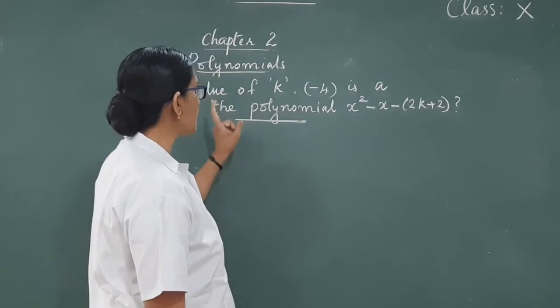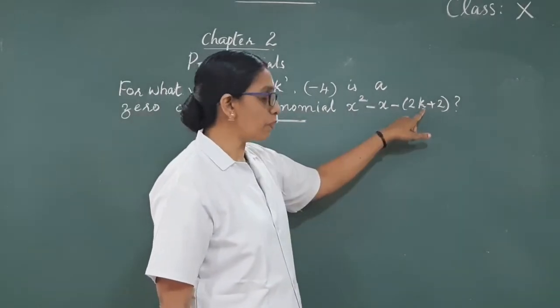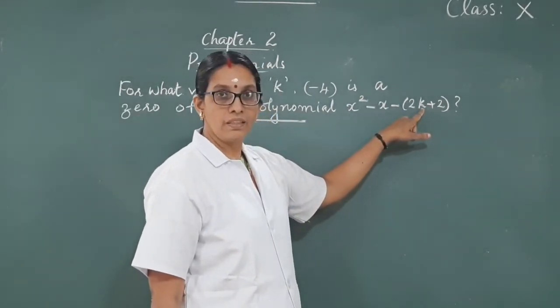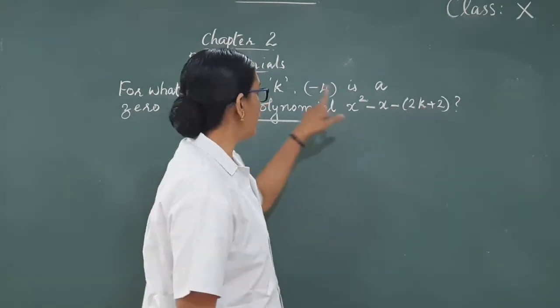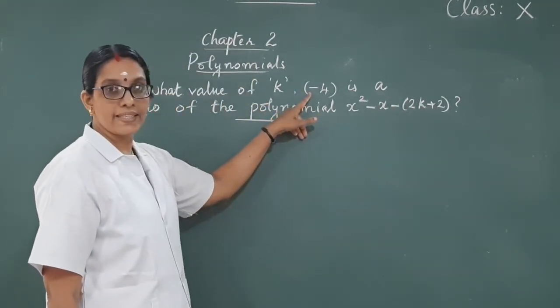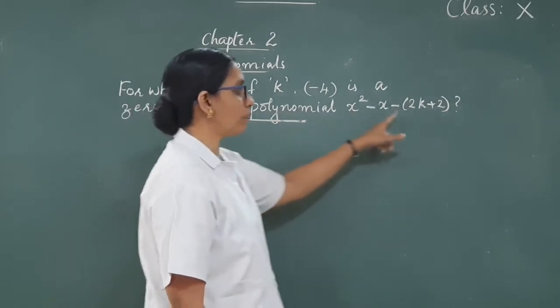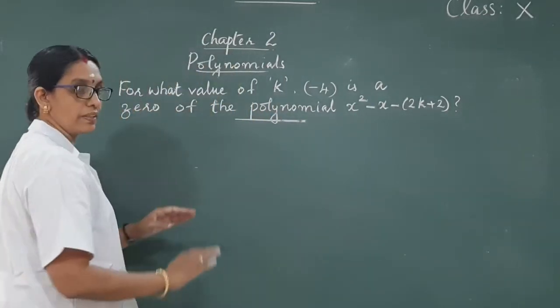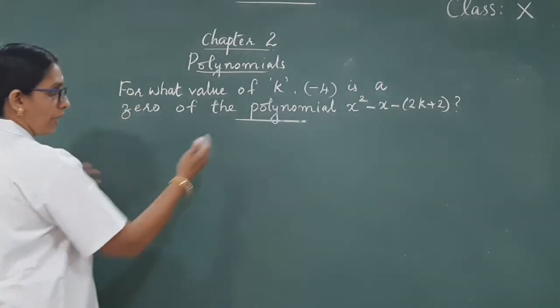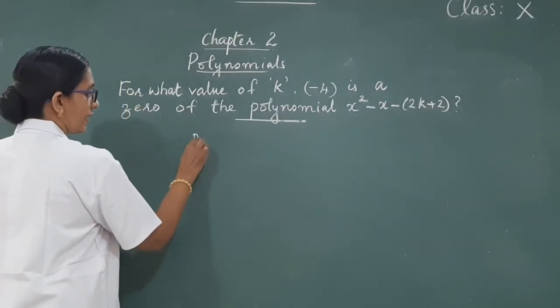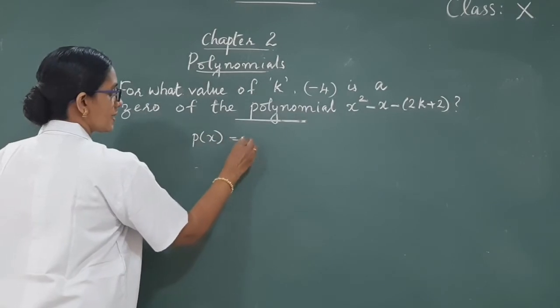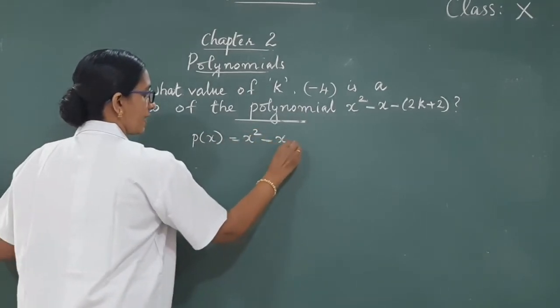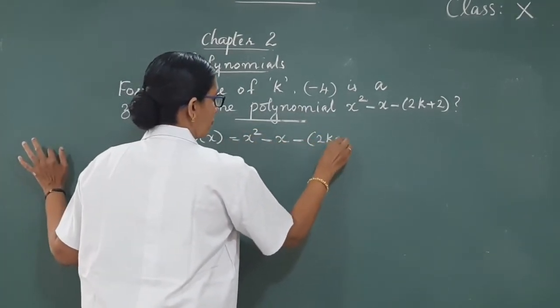Here the question is what we have to put in the place of k to get minus 4 as a zero of this polynomial. Okay. We have discussed one question, so it is the same type of question here. So we can take the polynomial as p(x) equal to x square minus x minus 2k plus 2.